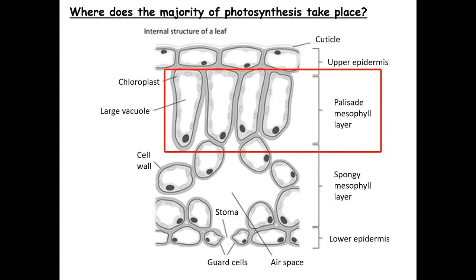Notice we've got all the palisade cells lined up on their ends so we can pack more of them in, and those palisade cells are chock-a-block full of chloroplasts. Those chloroplasts contain the green pigment chlorophyll, which is needed to absorb light energy. So that's where about 80% of photosynthesis takes place in a plant.